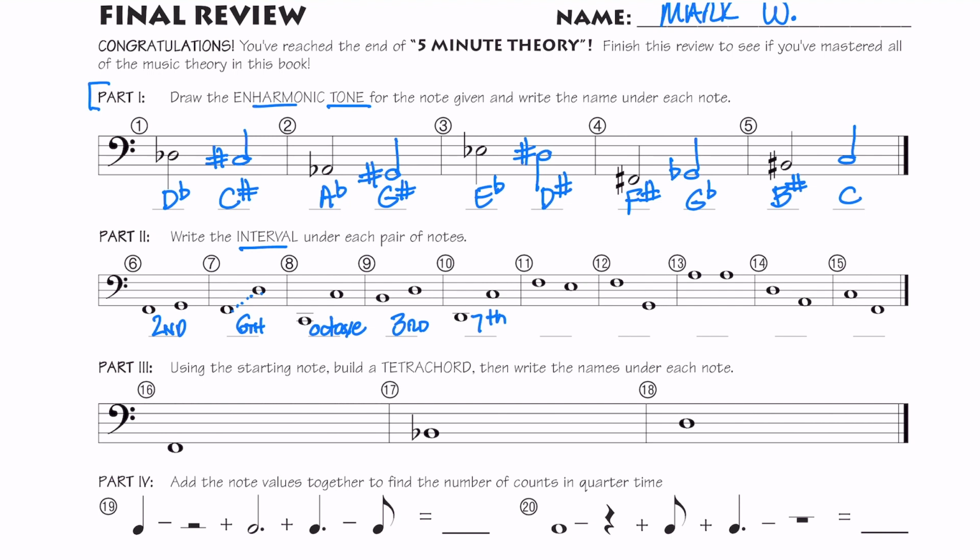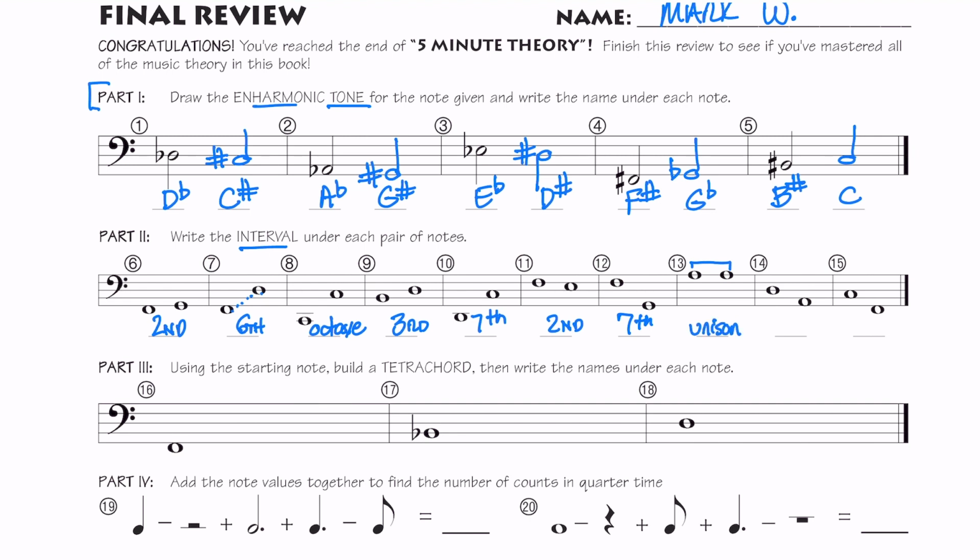F down to E is a second. F down to G, again, same letter names right next to each other, but that far apart would be a seventh. A to A, it's the same note. We don't call it a 1, we call it a unison.